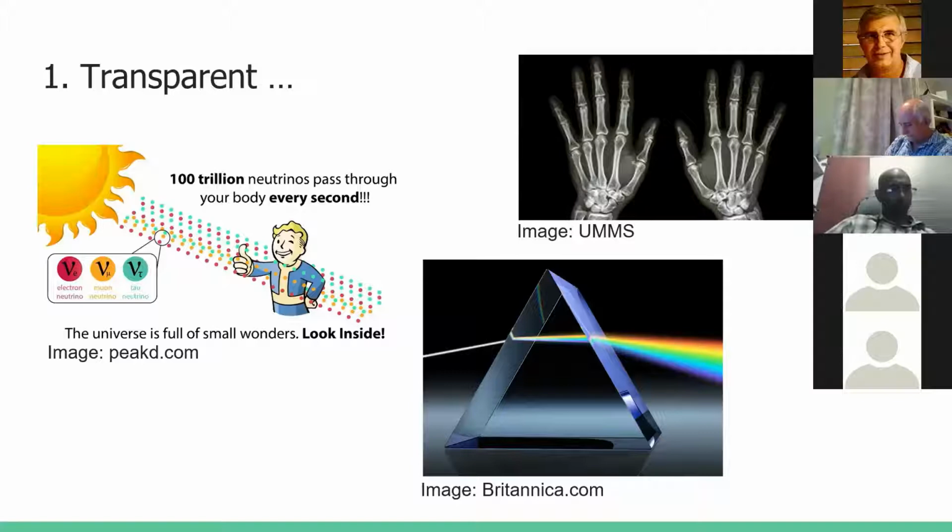In other words, the dark image you see is created by the photons that went through the hand, and the light part is where the photons didn't get through. They got absorbed by the bones. So the non-bone part is mostly transparent to X-rays. So that's the first one.